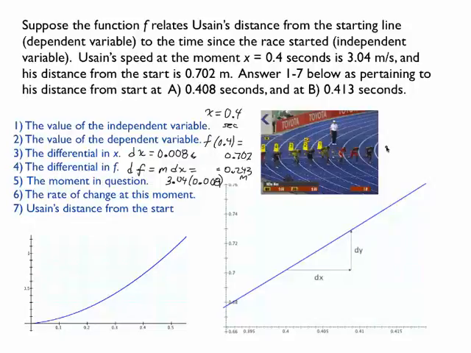Is it dx? Is it smaller than dx? Is it bigger than dx? What do you think? Remember what we said, dx varies within the moment. And so the moment is basically, in the context of what I'm showing you here in this right graph. Anybody?